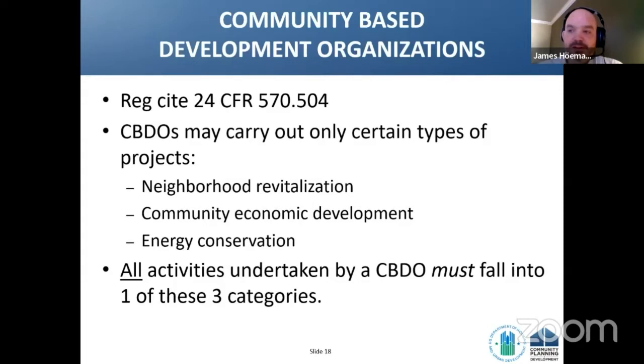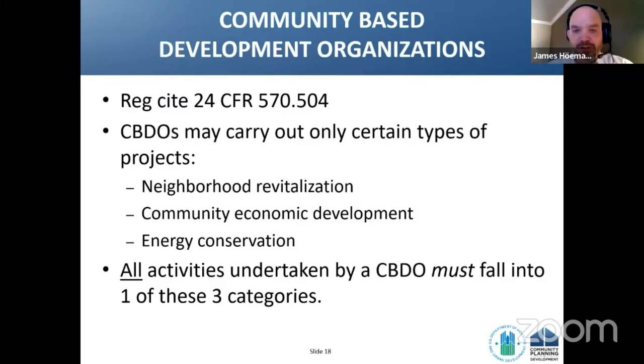In section 105(a)(15) of the Act is where the enumerated activities for the CDBG program exist. 105(a)(15) is where you'll find those neighborhood-based organizations, or as they've been implemented in the entitlement program, the CBDOs.